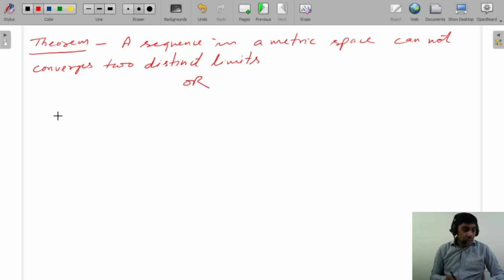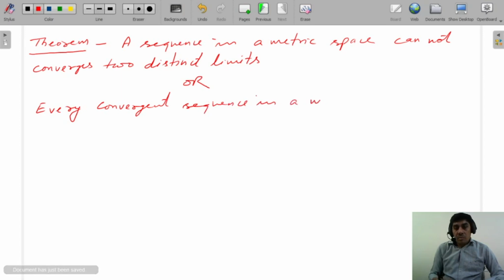Or every convergent sequence in a metric space has a unique limit.